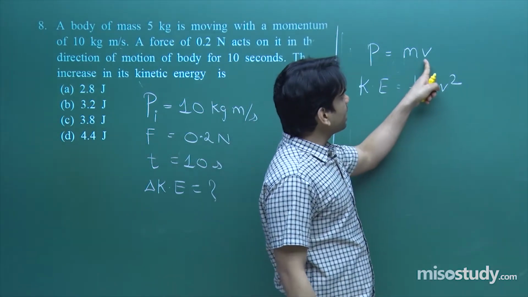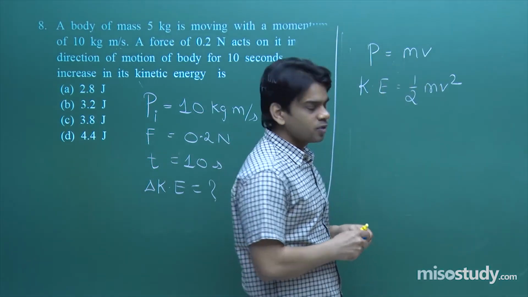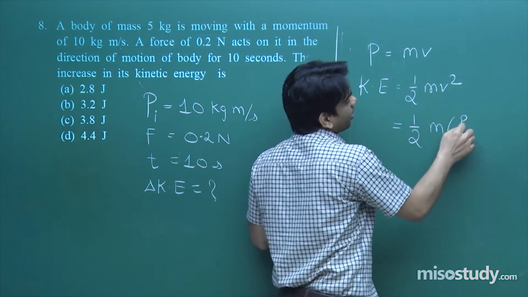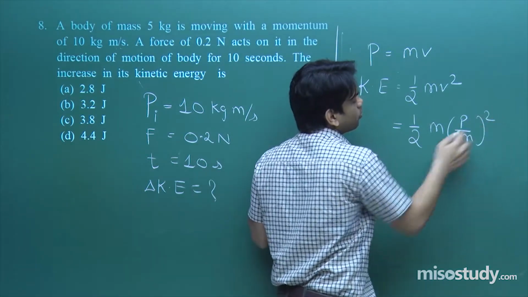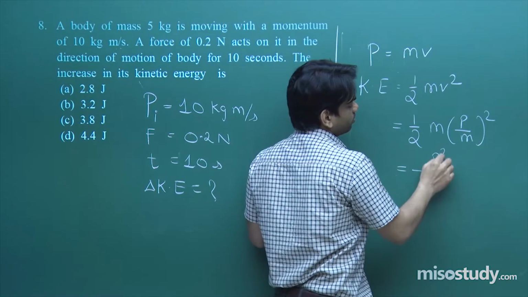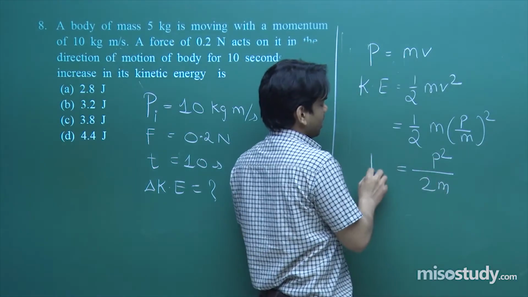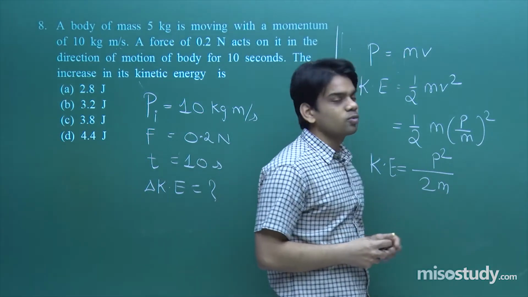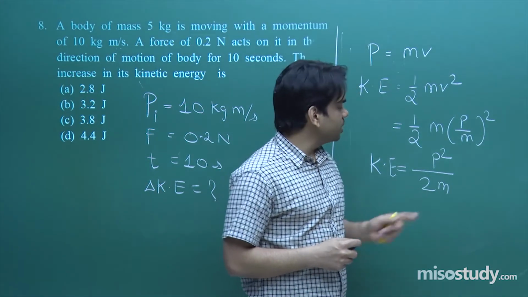Clearly V can be written as P by M. So kinetic energy will be half m into P by M whole square. From here you get P square by 2m as the kinetic energy. The first thing we got, in terms of momentum, the kinetic energy is P square by 2m.